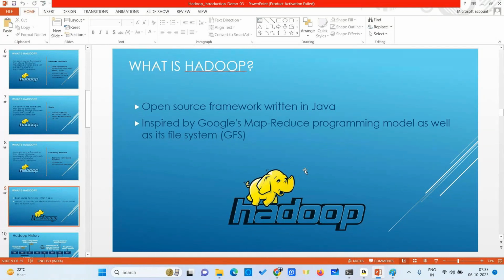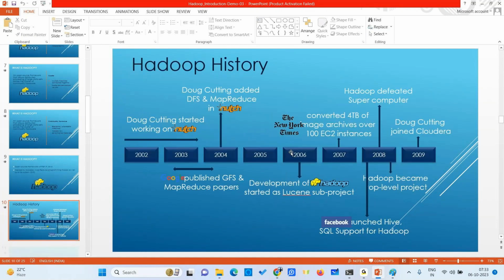Initially, Google invented that model and file system for their search engine purpose. Okay, and now the same file system was developed in Hadoop. Okay, this is the history of Hadoop.